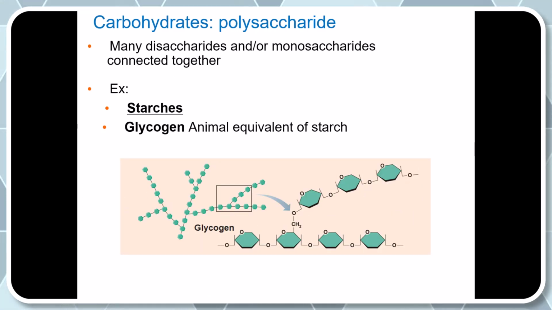Polysaccharides then, that root word poly means many. So polysaccharides are long chains of many monosaccharides and disaccharides all connected together. You've maybe heard of starch, like a starchy vegetable, like a potato. That's how plants store their carbohydrates, and glycogen is kind of the animal equivalent of starch. That's one of the ways that animals store their carbohydrates.